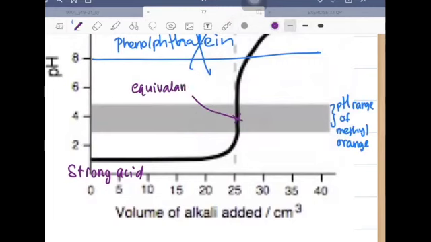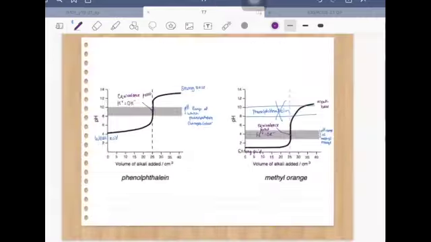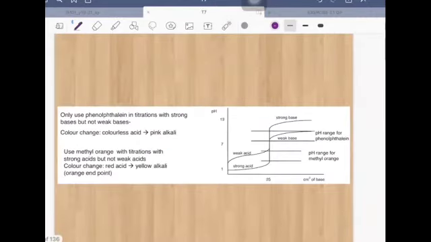It coincides where your indicator changes color as well as your reaction is complete. Okay, I hope that makes sense. Okay, that's how you choose your indicator.